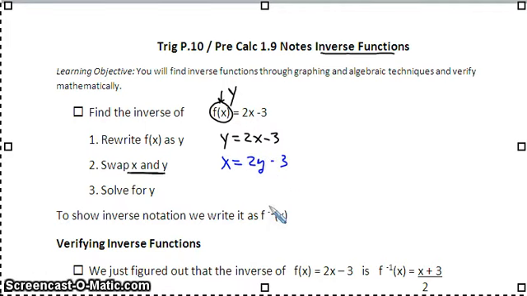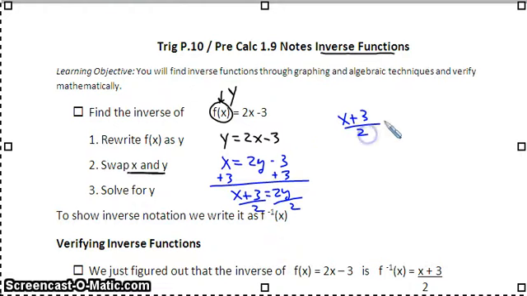And my goal then is to solve this equation for y, so now I have the inverse function. So for this problem, we'd have to move over the 3 and get rid of the 2. So we would say that x plus 3 divided by 2 is equal to y. But to truly show that this is the inverse of the f function, we don't want to leave this as the y.